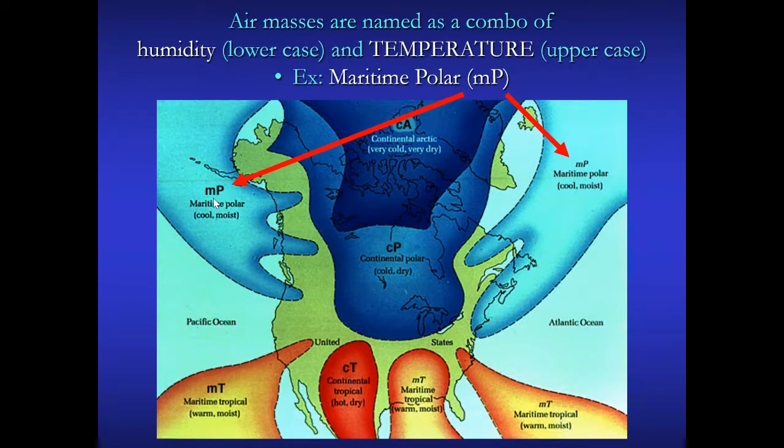So the maritime polars I just described would be lowercase m, uppercase p. So very interesting, right? If I had to ask you what would be the air mass that's typically around us, you would say continental polar. And if I asked you what the abbreviation was, you'd say lowercase c, uppercase p. All right.